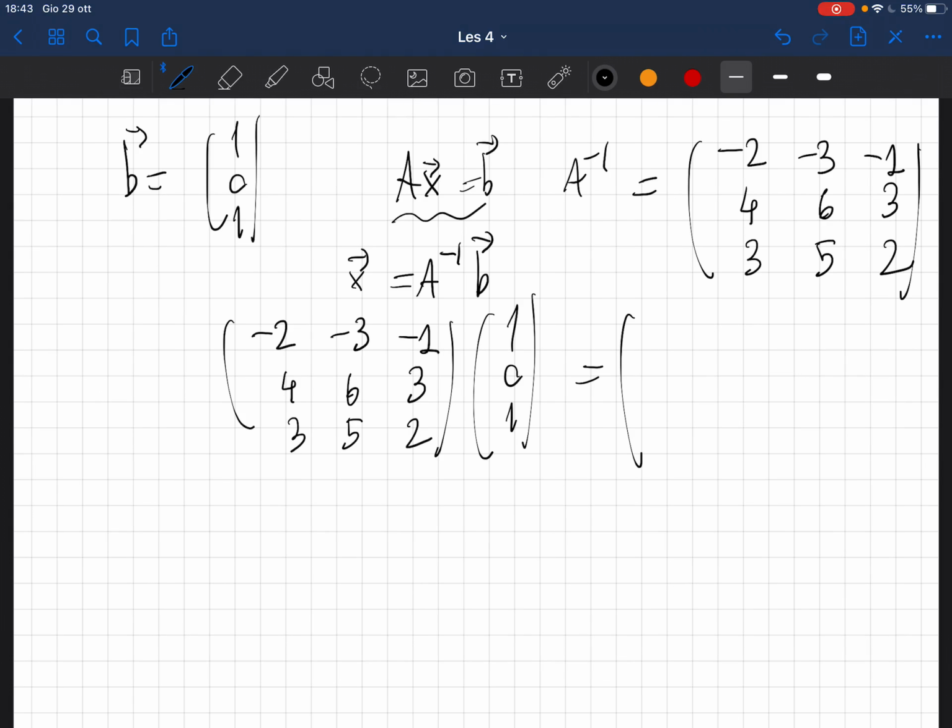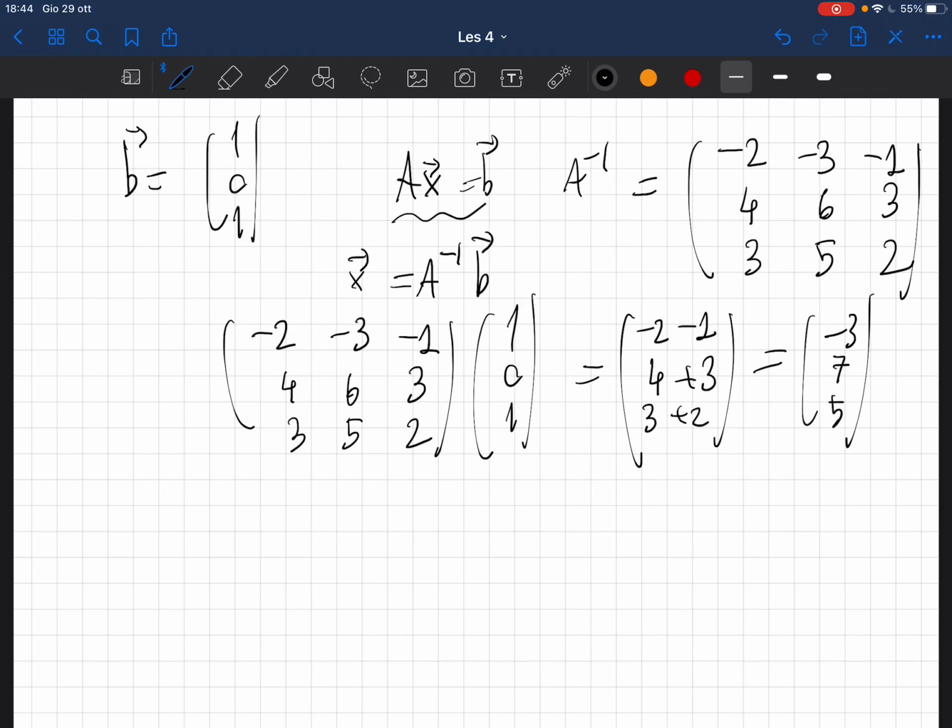I hope I'm not making mistakes. So it's minus 2 here, and then minus 1, and this is 4 plus 3, and this is 3 plus 2. So it's going to be minus 3, 7, 5. Well, this is it. This is the solution you want.